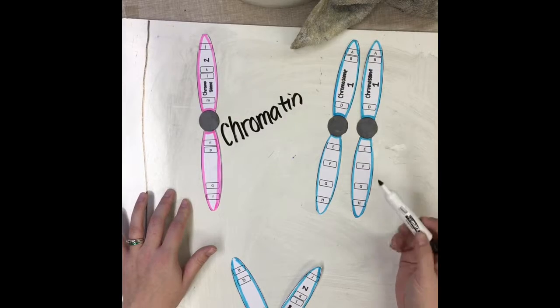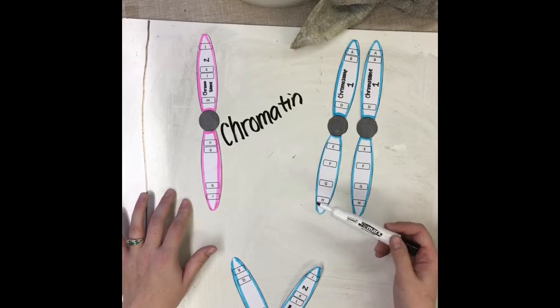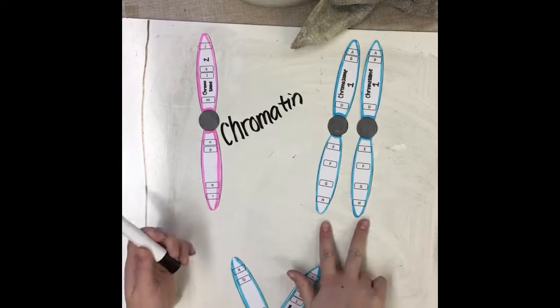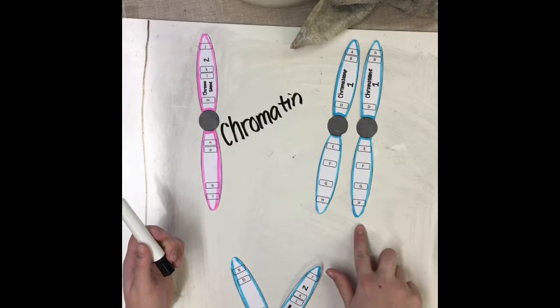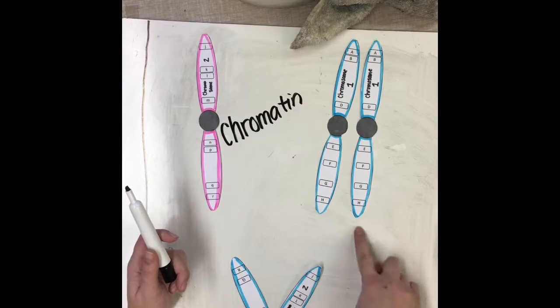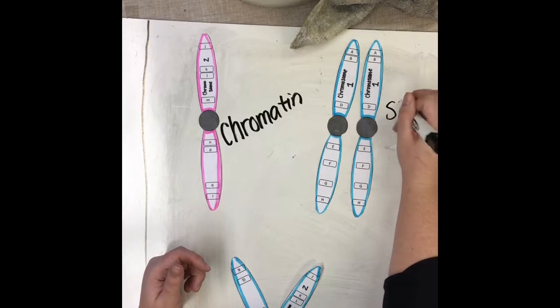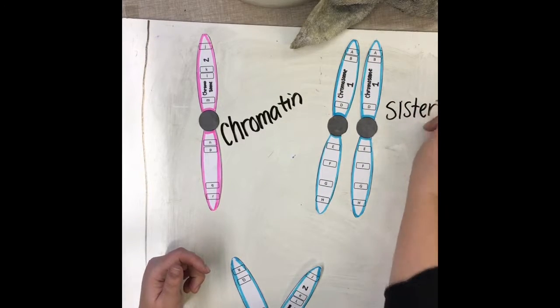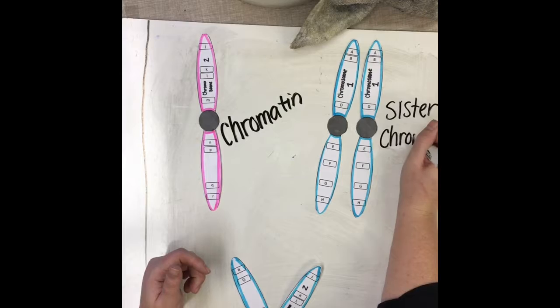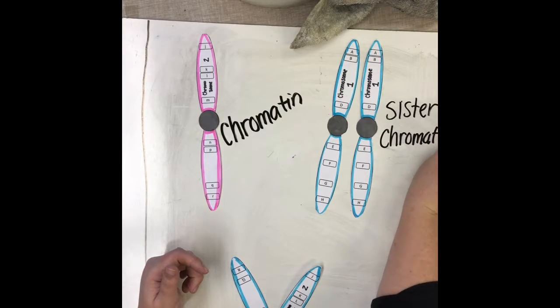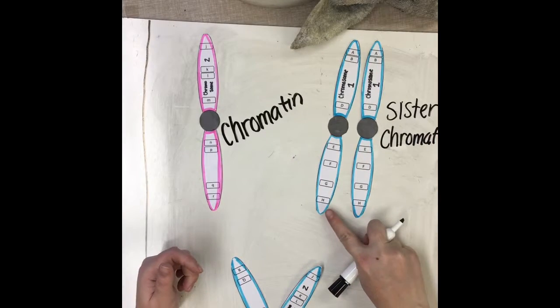Now, if a cell is ready to divide, it's going to copy its DNA. When it copies its DNA, it makes an identical copy of itself. These two are called sister chromatids.